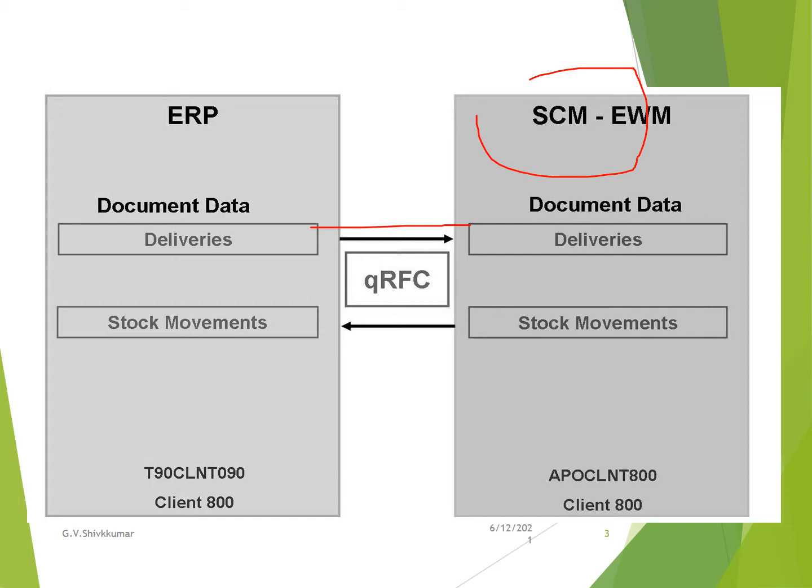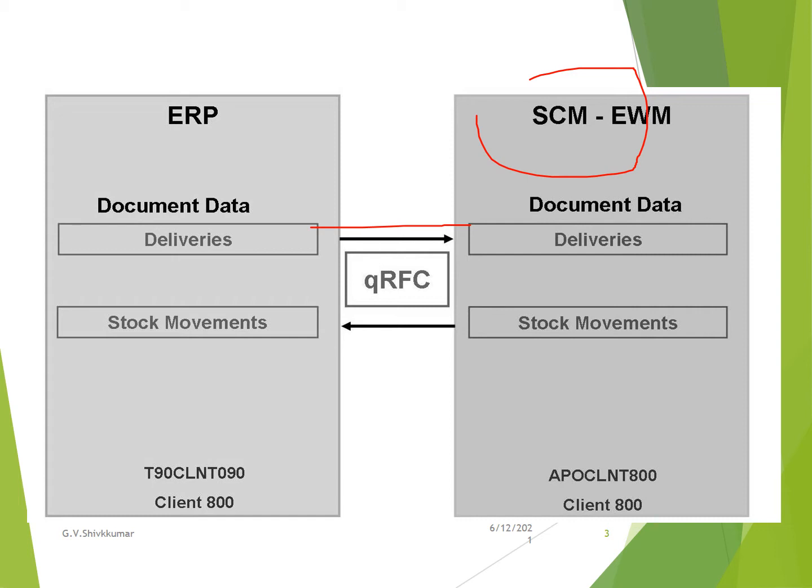So all these inbound deliveries and outbound deliveries, once posted in VL31N, and then we have VL01 for outbound, will be transported to the EWM. So the inbound delivery request and outbound delivery note, everything will be updated, and that will update the EWM.